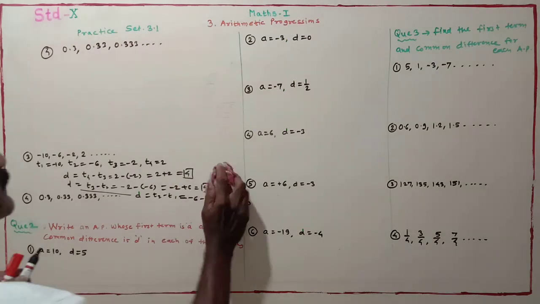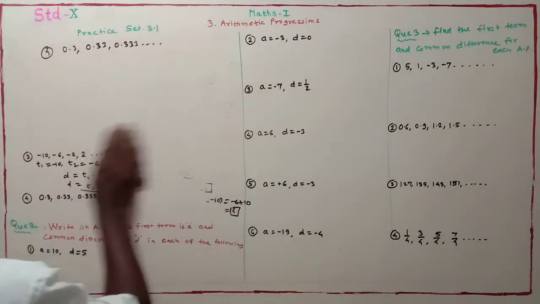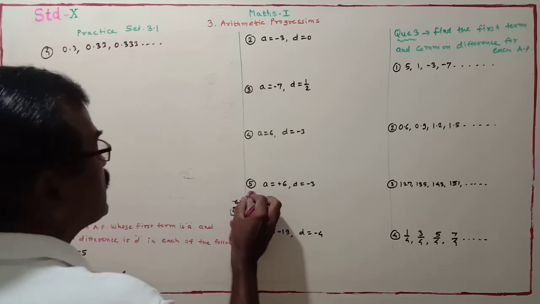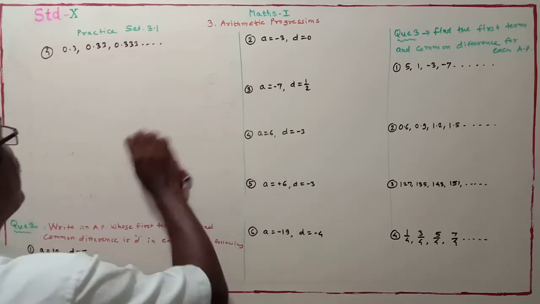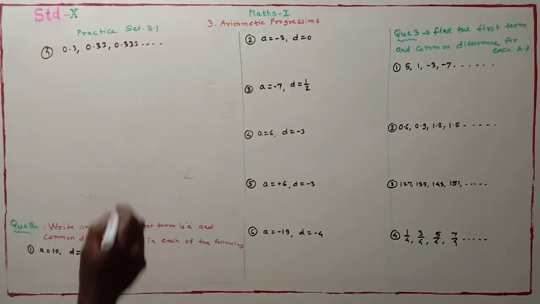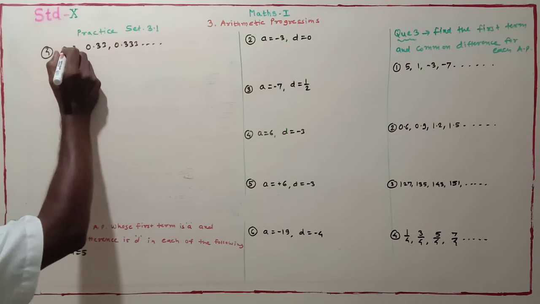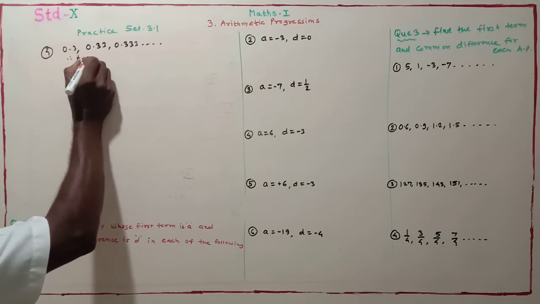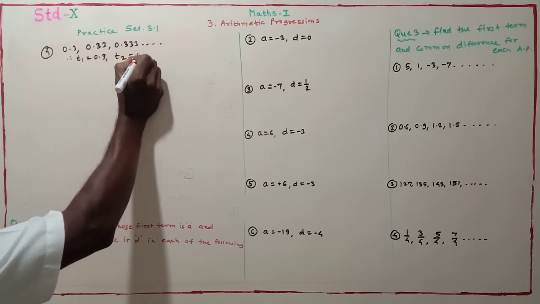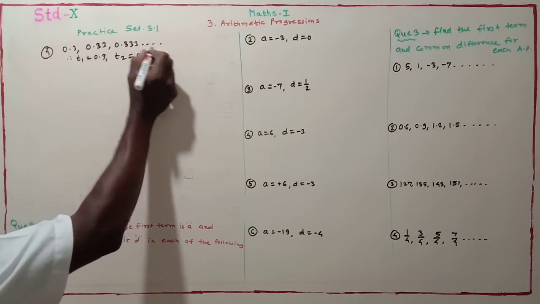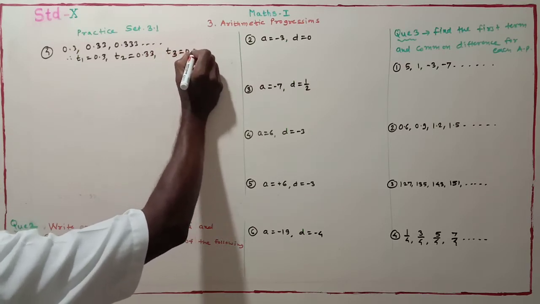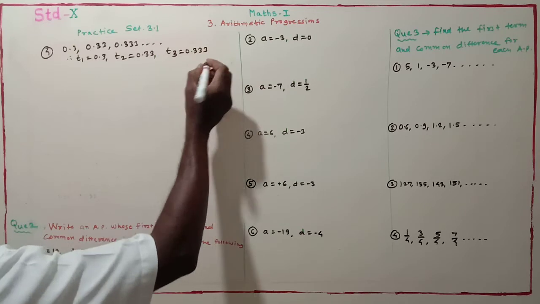In this sequence, T1 is 0.3, T2 is 0.33, T3 is 0.333. Therefore, we write T1 is equal to 0.3, T2 is equal to 0.33, T3 is equal to 0.333.